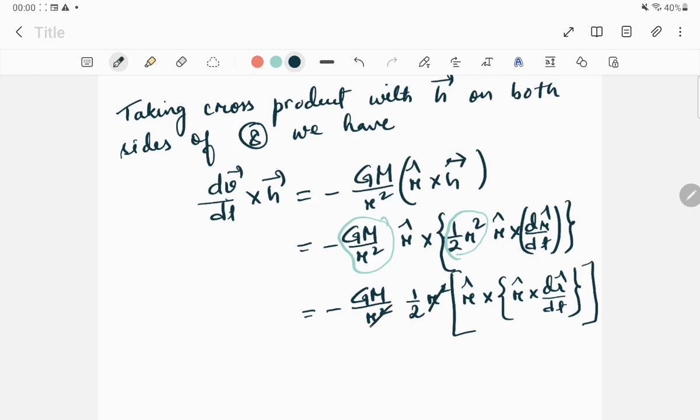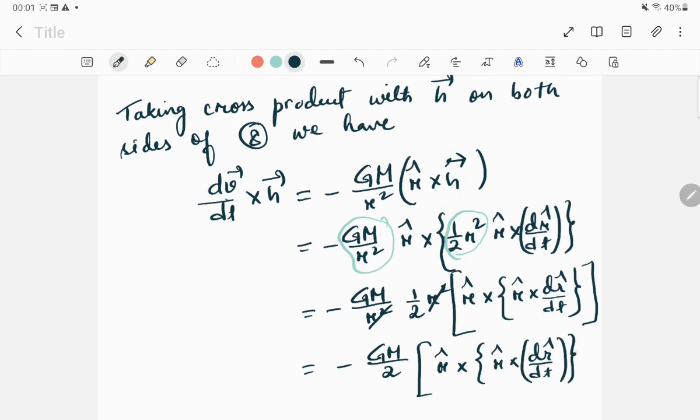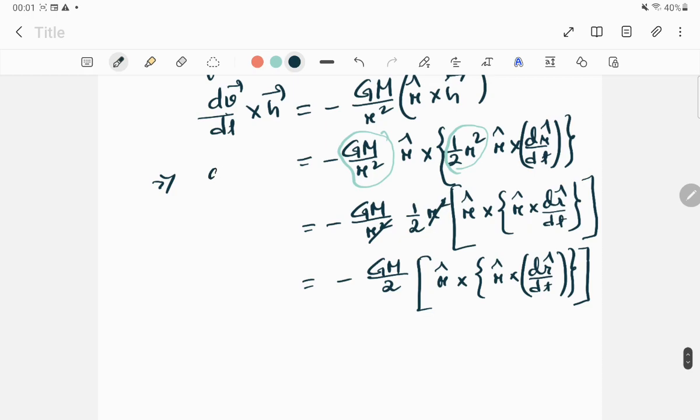So here you can say r square gets cancelled, and we are simply left with minus gm by 2 and then r cap cross r cap. So this is what we have right now.